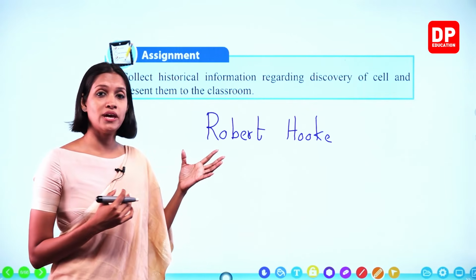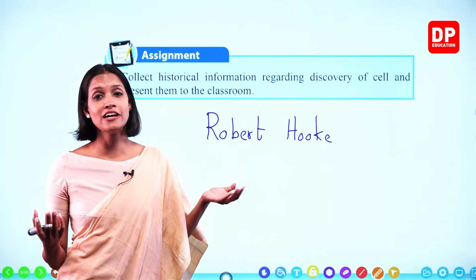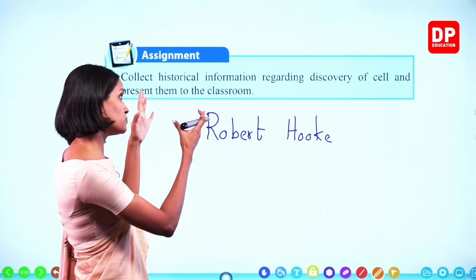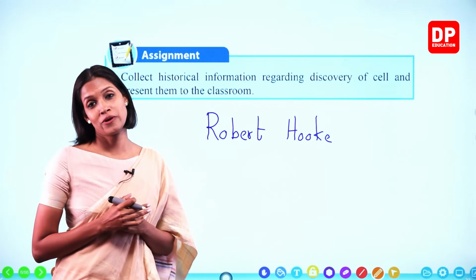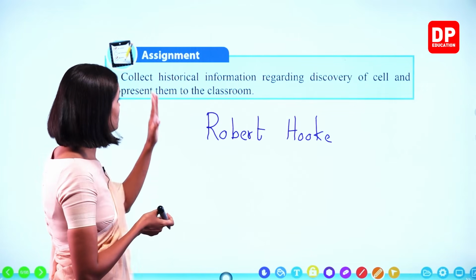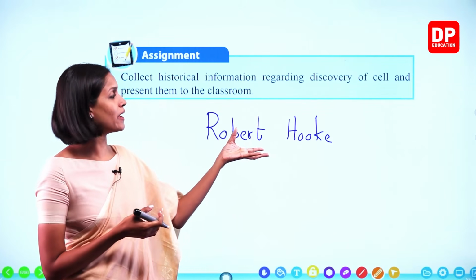So you all know that in order to observe cells, you can't do it with a hand lens or with your naked eye. You need the help of the microscope. So when you do this report, you can add a bit of the history of the microscope as well, because it's also very important. Right, children? Therefore, when you do this report, you have to read well. You can even do it as a group activity.